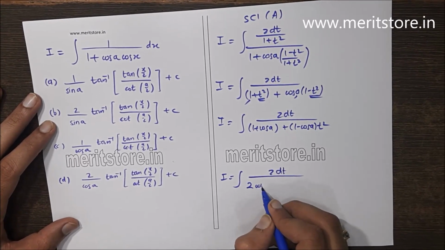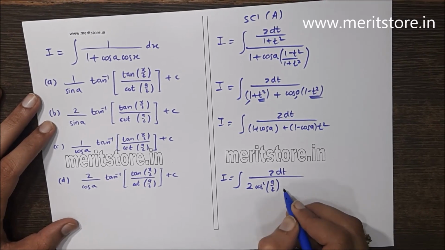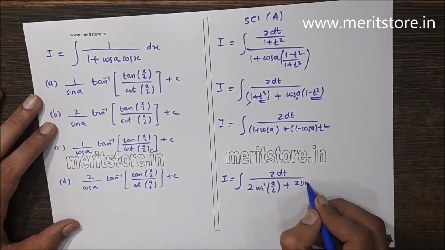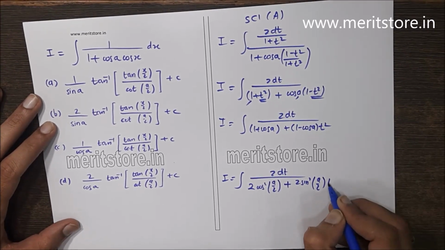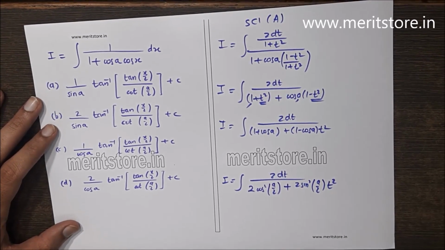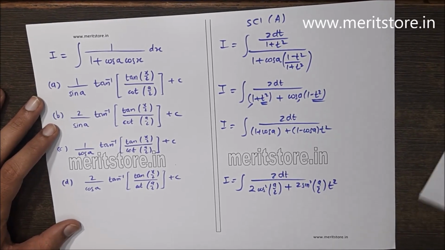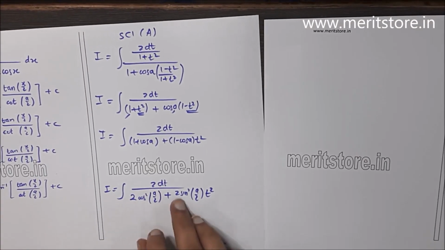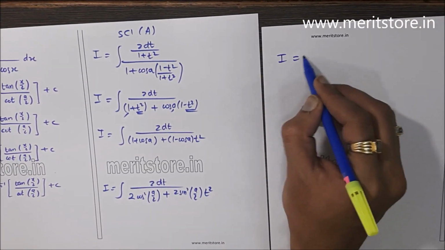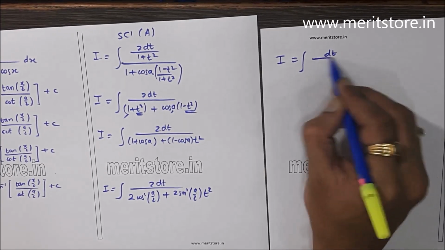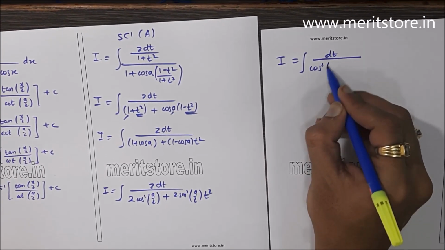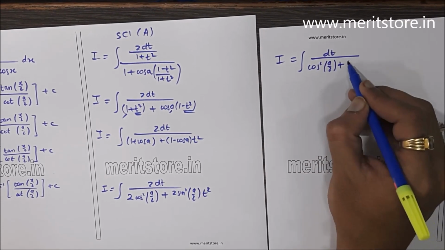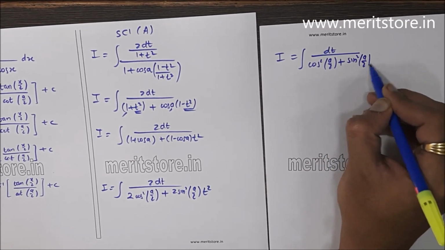I'll get this as 2 cos square A by 2 plus 2 sin square A by 2 t square. Simplifying the terms, we are cancelling off the 2's. I'll get integral of dt upon cos square A by 2 plus sin square A by 2 t square.